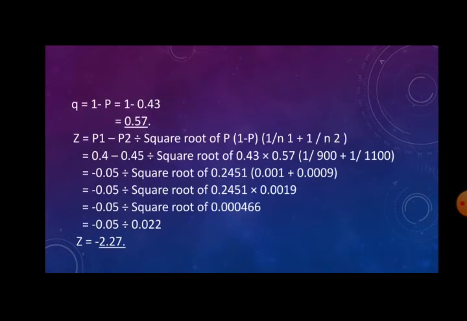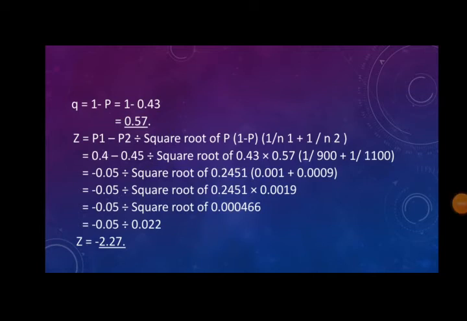Q is equal to 1 minus P, that is 1 minus 0.43, which is equal to 0.57. Z is equal to P1 minus P2 divided by the square root of P into 1 minus P into 1 divided by N1 plus 1 divided by N2.